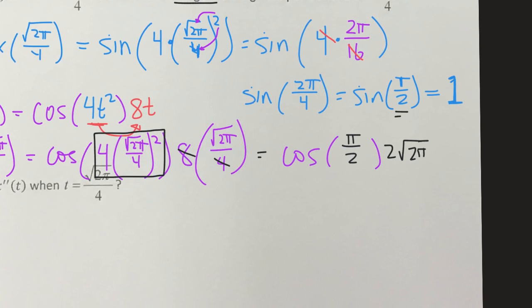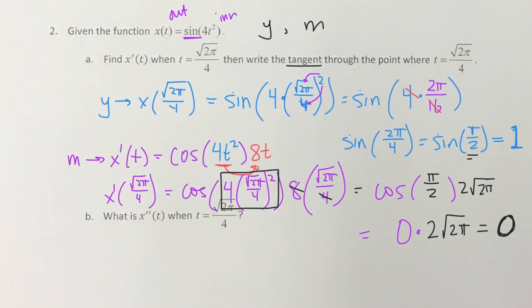So let's go to our unit circle and evaluate. What's the cosine of pi over 2? Well, it happens to be 0. So our slope is going to be 0. That means we have a horizontal tangent at the square root of 2 pi divided by 4.